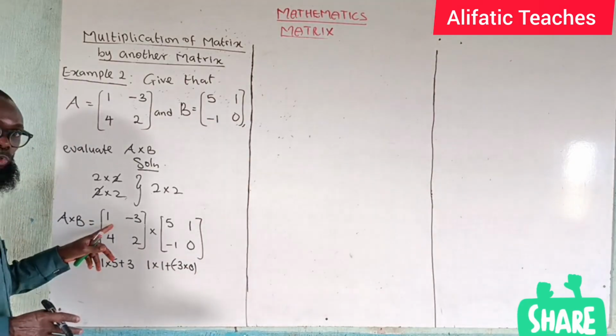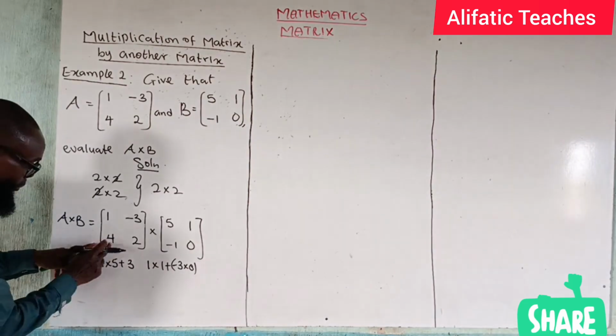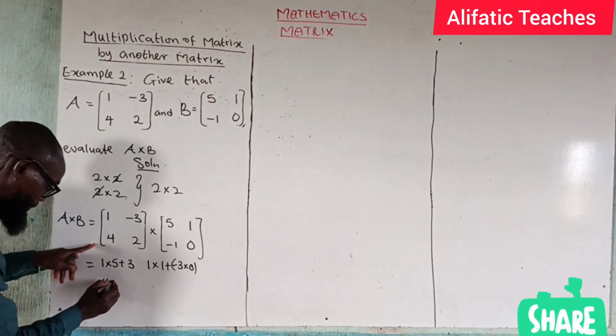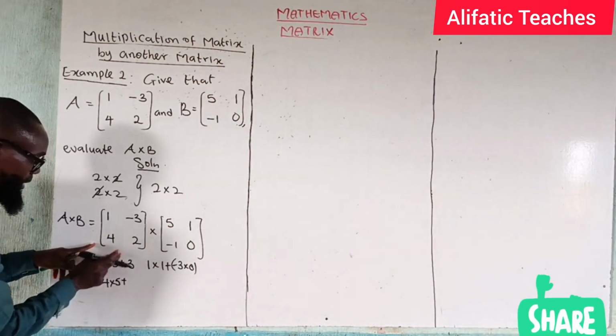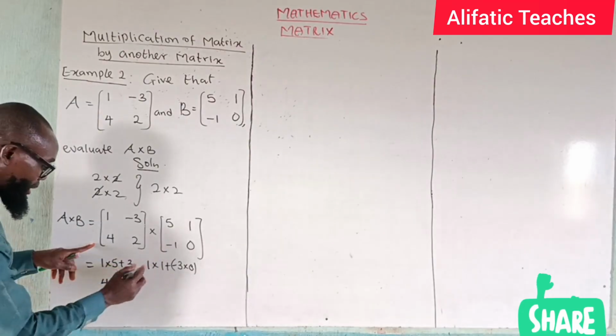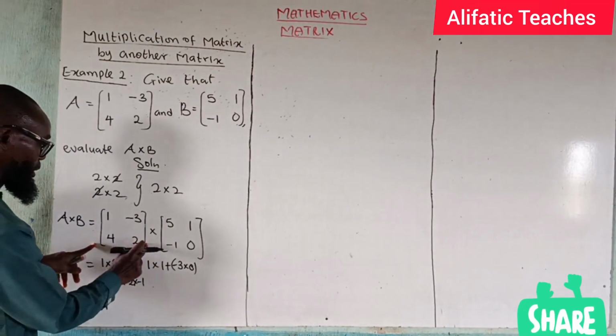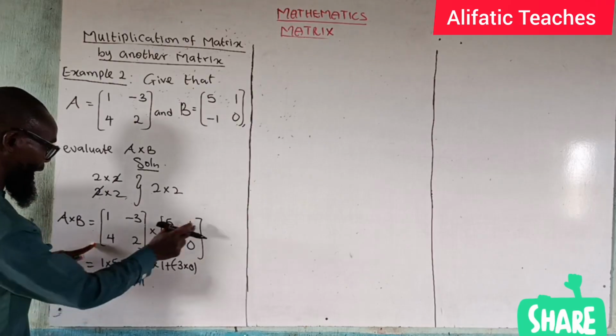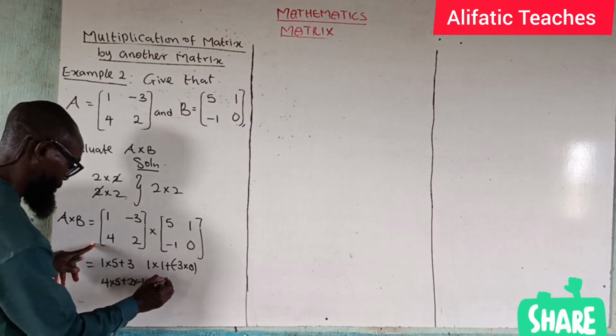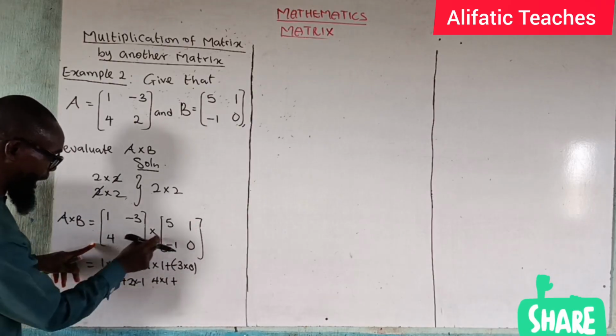We are done with the first row. Then the second row, 4 times 5 plus 2 times minus 1. Then second row, second column, 4 times 1 plus 2 times 0.